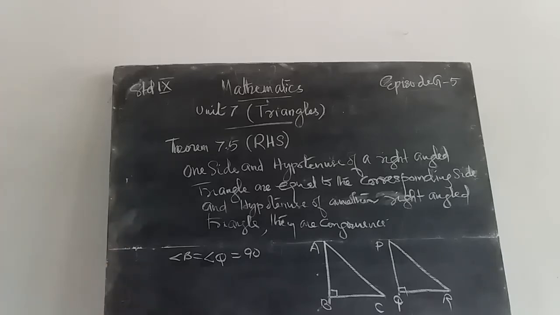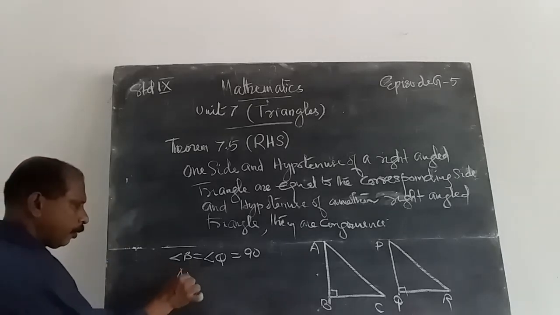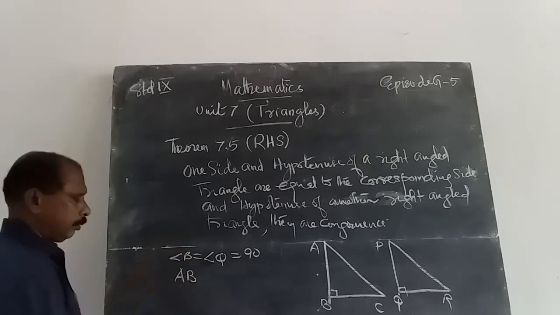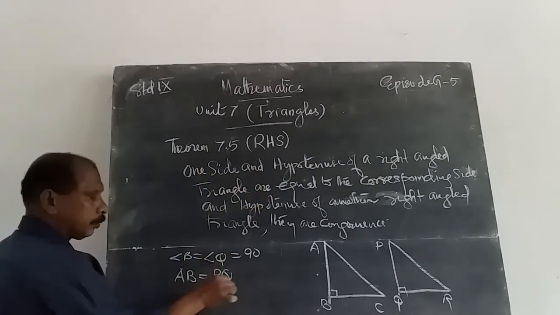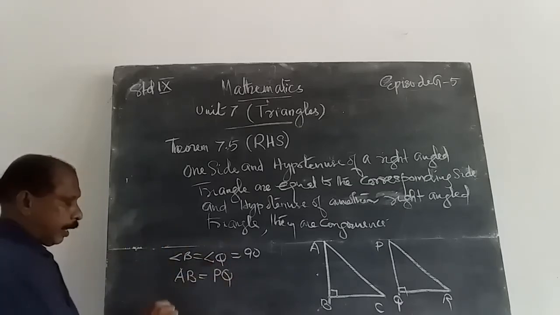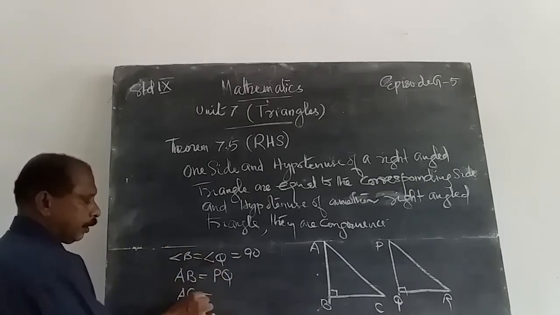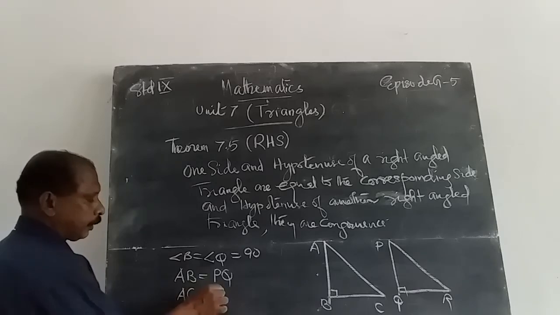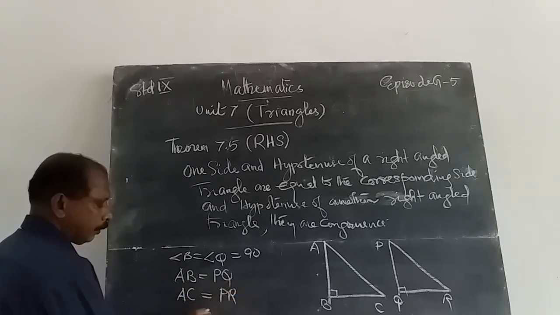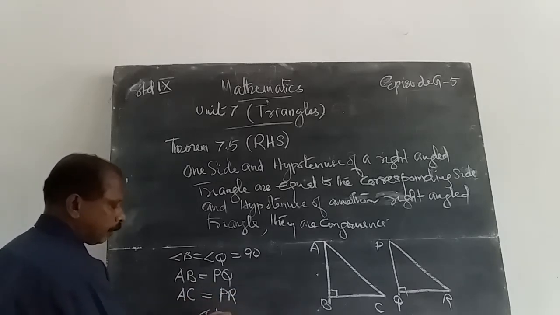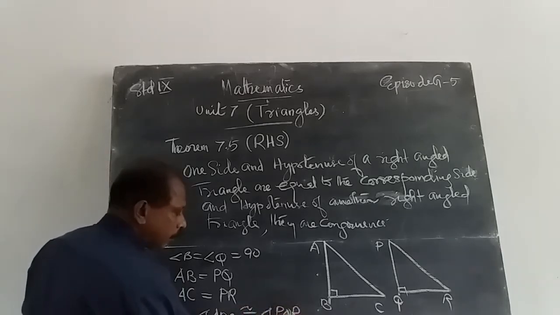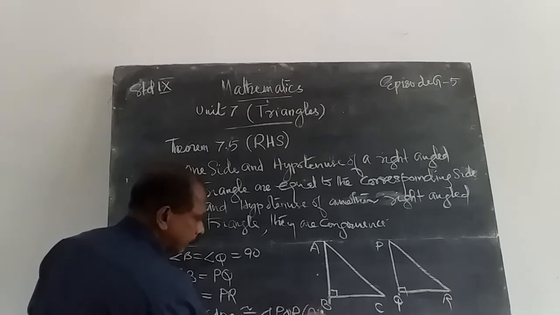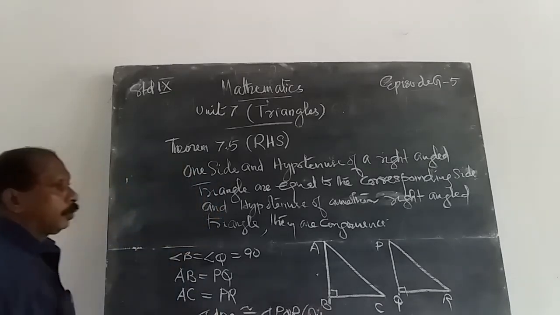One side is AB, the corresponding side is PQ. That is already true. AC, hypotenuse of the first triangle, is equal to PR, hypotenuse of the second triangle. Therefore, triangle ABC is congruent to triangle PQR. What is this? RHS theorem for that congruence.